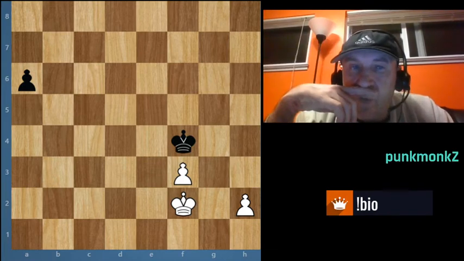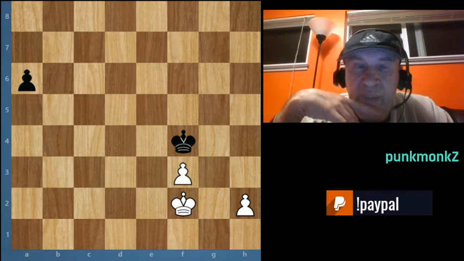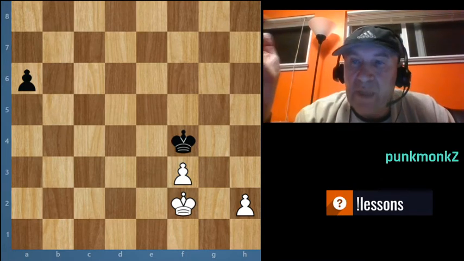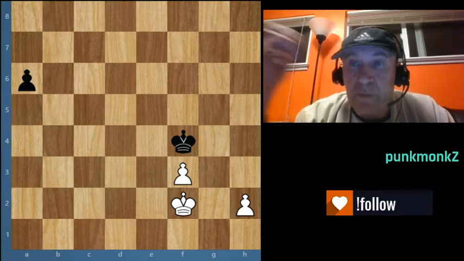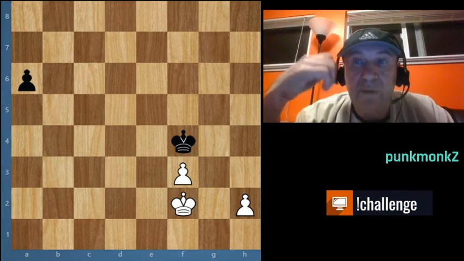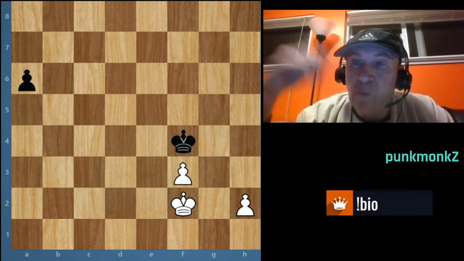So black has a passed pawn, and you have to draw the square from the passed pawn and decide whether the white king is inside the square or outside the square. If the white king is inside the square of the black pawn, a6, then the white king is immune from losing. But if the white king is outside the square of the a6 pawn, then that could be a problem.